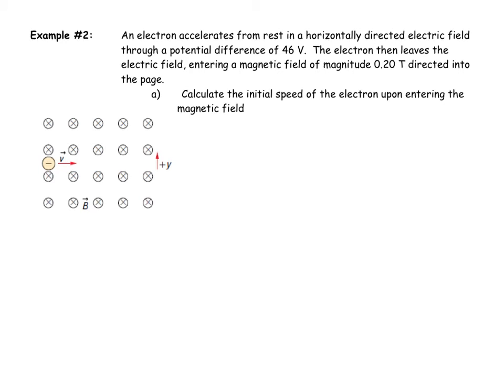So the first part of this question says, calculate the initial speed of the electron upon entering the magnetic field. At this point, it hasn't entered the magnetic field, it is leaving its electric field.